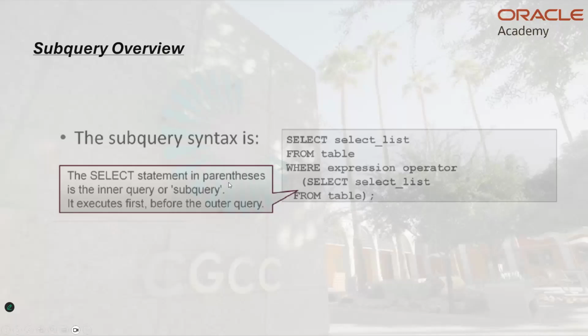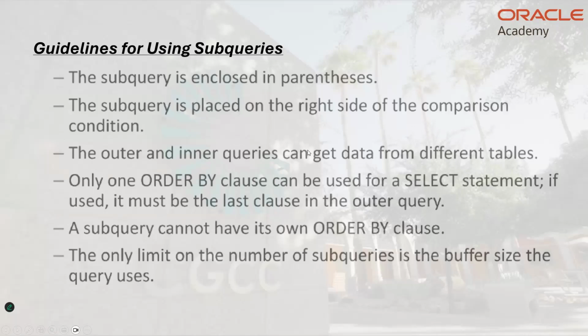It's a subquery. All right, so some guidelines. I always have guidelines. Enclosed in parentheses, I just stated that. Generally, a subquery is placed on the right side of a comparison. So you have an entity or a column is equal to or greater than the subquery.